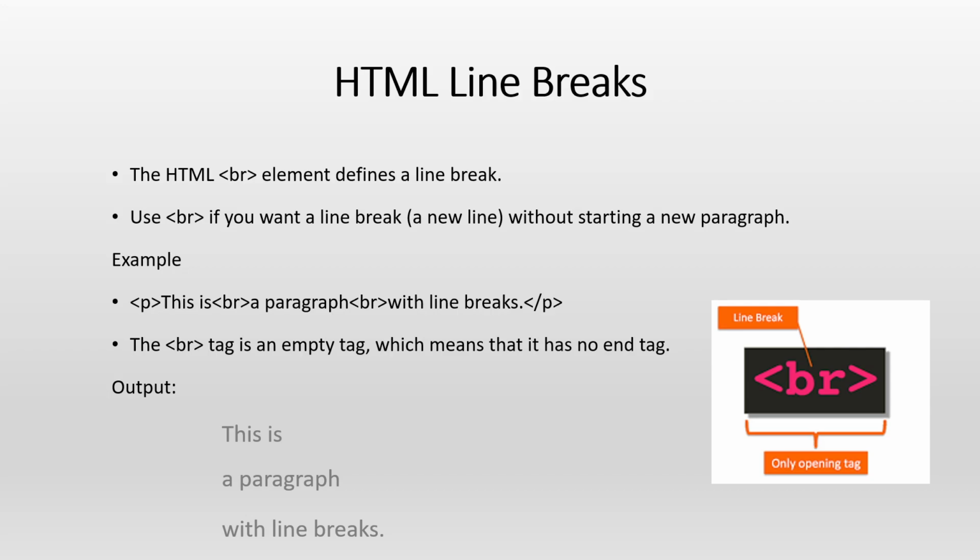I will explain what these two do. First we will do the BR tag, HTML line breaks. For example, whenever we are writing paragraph tags inside an HTML document, what is going to happen?